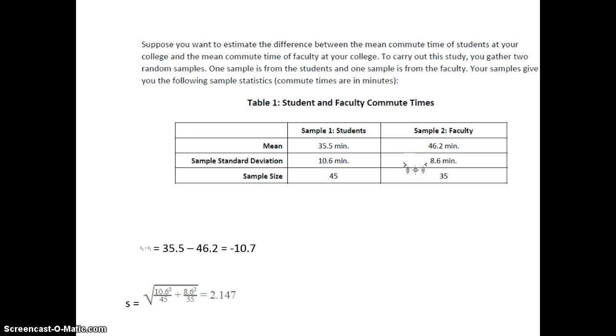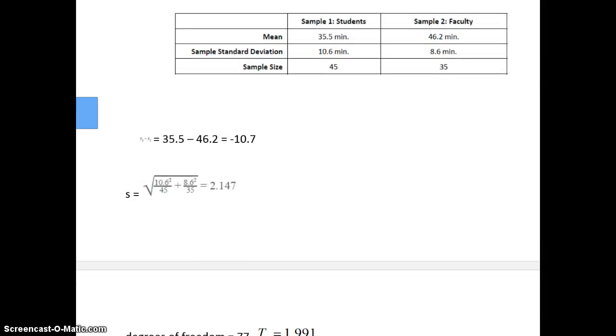Now we're going to want to construct a confidence interval. So the first thing is we're going to need the difference of the means. So sample 1, that would be X1 bar, 35.5, minus sample 2, X2 bar, 46.2, is negative 10.7.